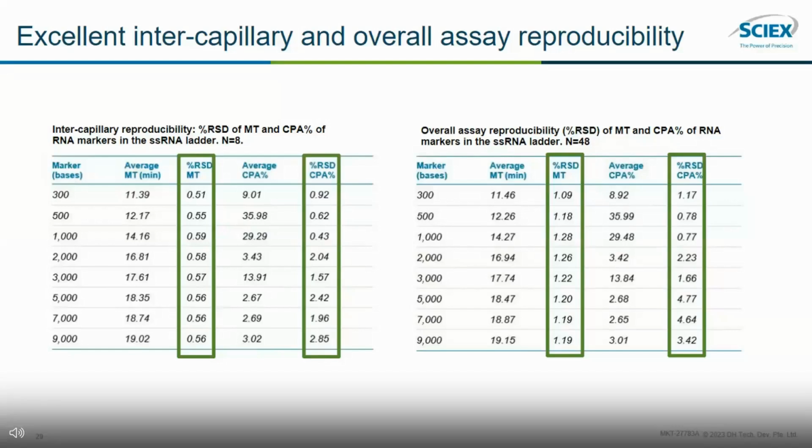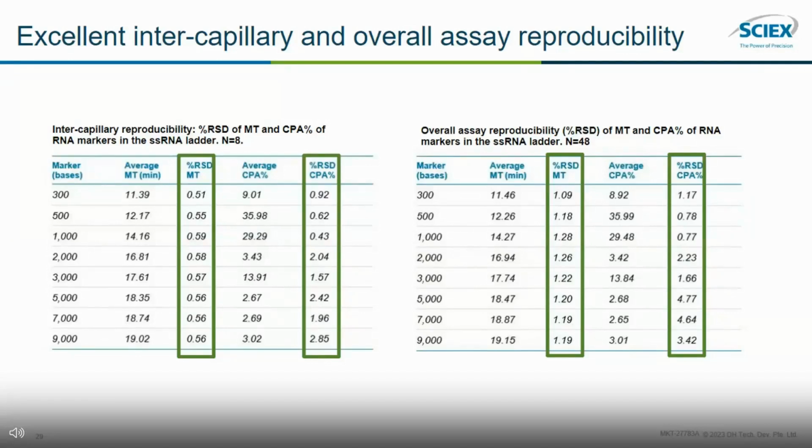The summary of data for intercapillary reproducibility on the right table shows the average and percent RSD values for the migration time and corrected peak area percent. It is important to note that excellent intercapillary reproducibility was obtained with a percent RSD for migration time better than 0.6%. In addition, the percent RSD for corrected peak area percent was better than 3% for all size fragments shown.